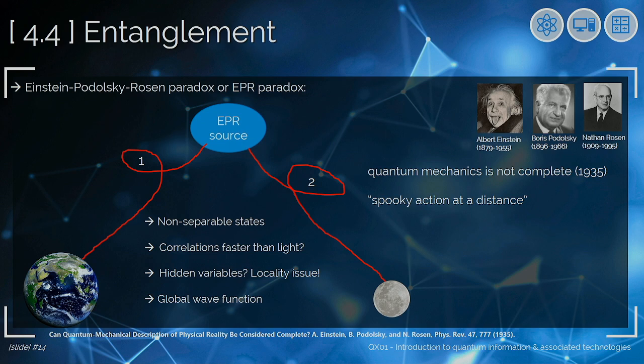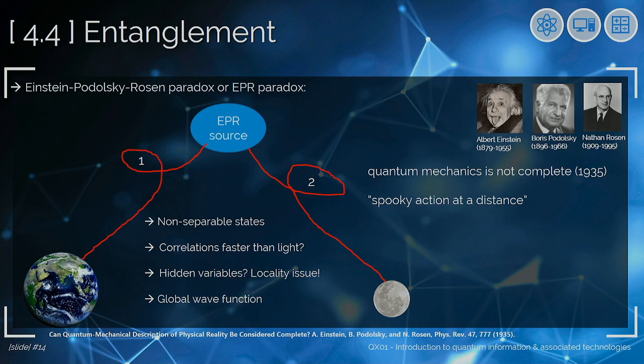They claimed that it would mean that you have some instant correlation between two particles, two systems, no matter how far they are, despite the fact that nothing can go faster than light. At the time, it was known that no information can travel faster than light.